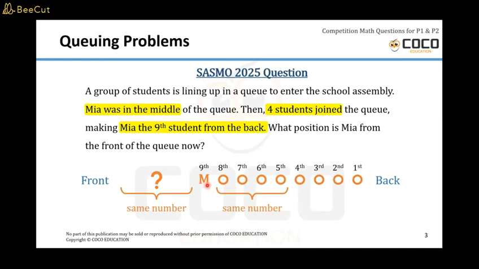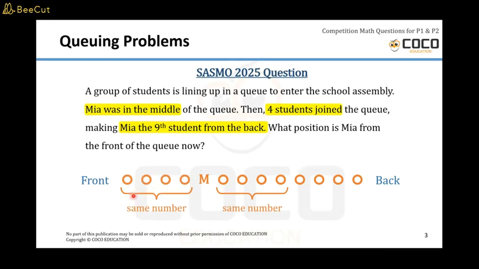Okay, so as we can see here, there are 1, 2, 3, 4 students at the back of Mia. So if there must be the same number, it means in front of Mia, it must be the same number as well. Okay, let's put in 1, 2, 3, 4.